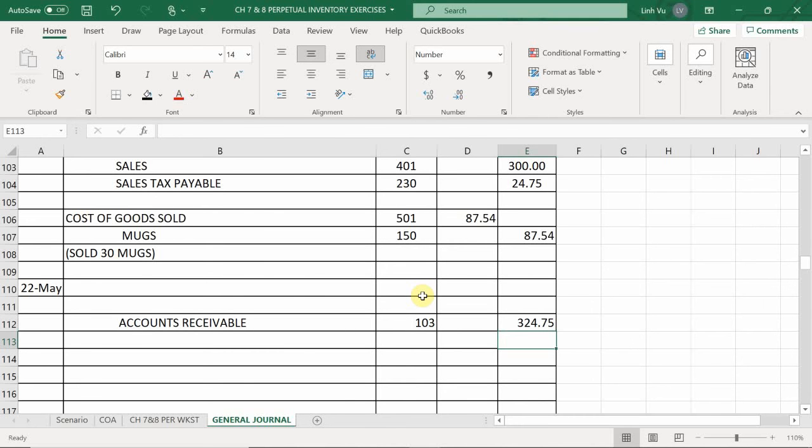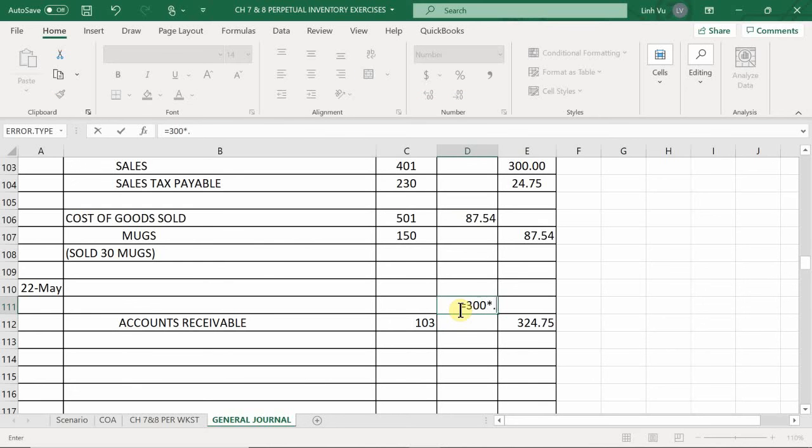Okay, so we give a 10% discount. So in this case, how much is the discount for? $30, right? 300 times 10% is $30, okay?